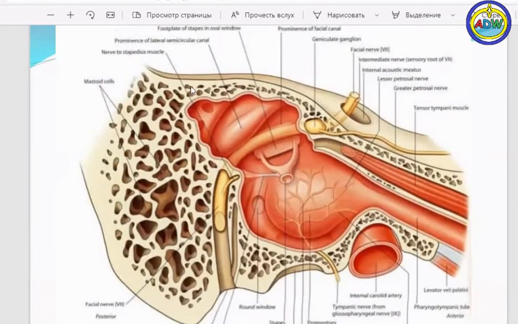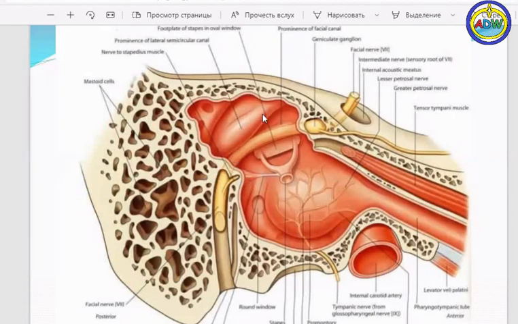This is the structures of the middle ear. This is the pneumatic type of the mastoid process. This is the facial nerve, you can see. This is the footplate of the stapes here. This is the stapedial muscle.